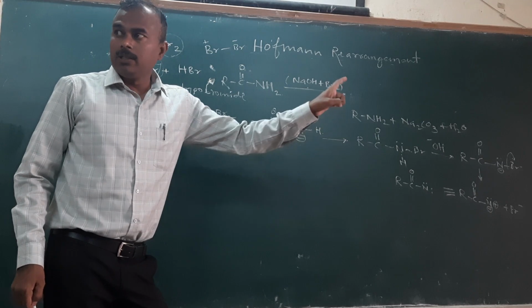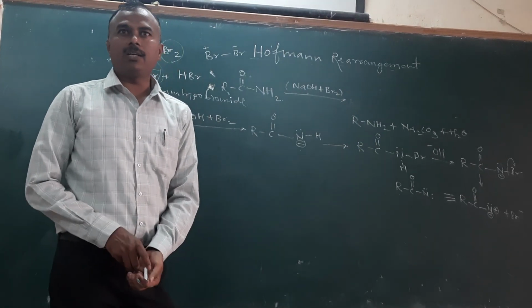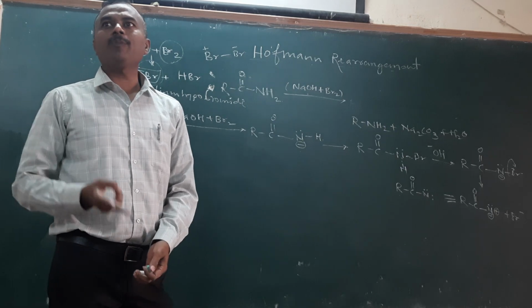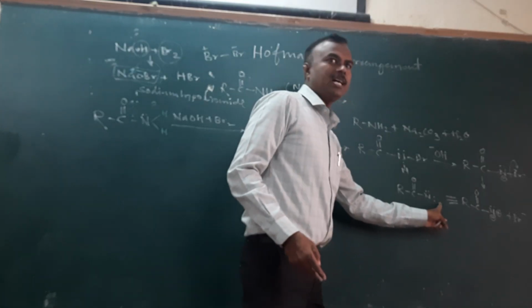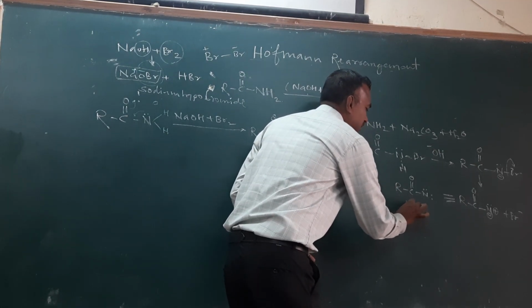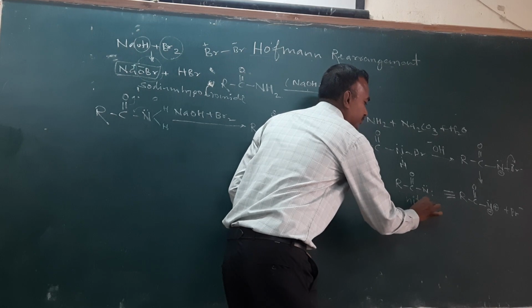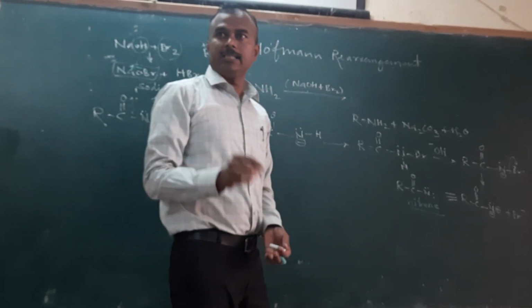Now, writing such a nitrogen where 2 pairs of electrons are present, this is 1, this is the second. This substrate is called a nitrene. Yesterday we had seen the carbene.